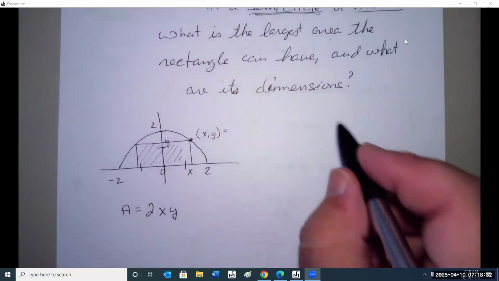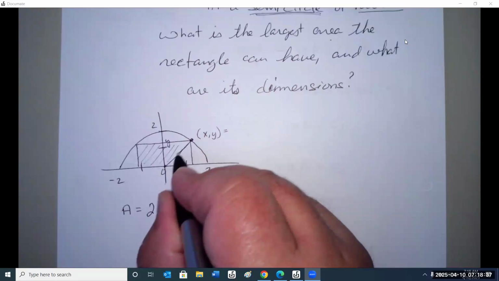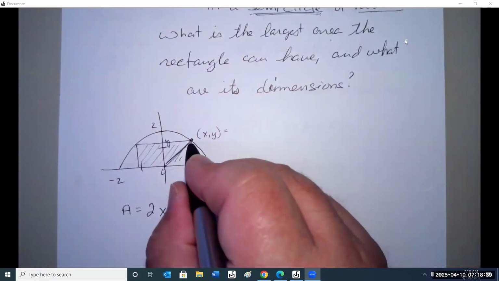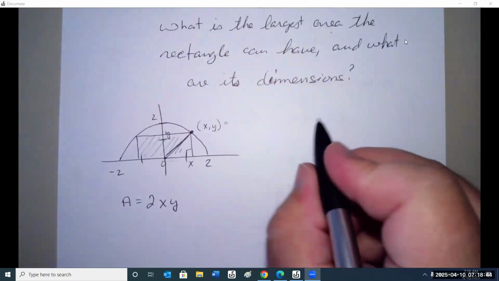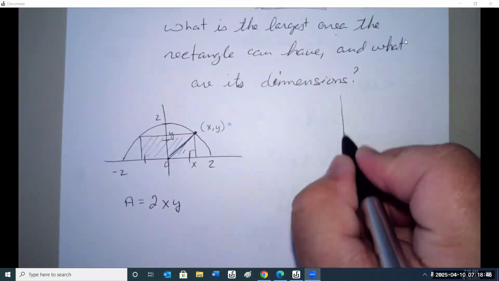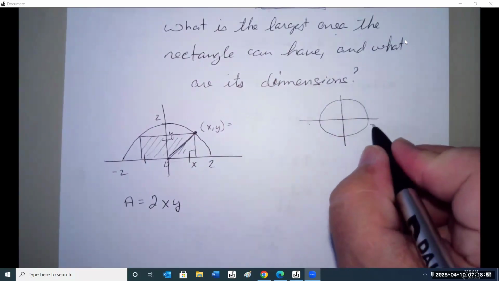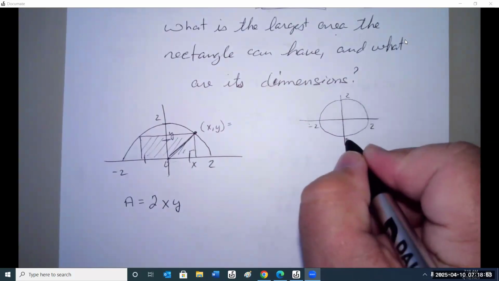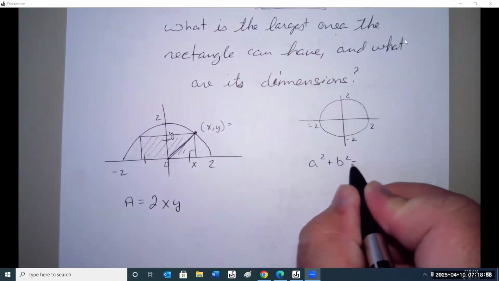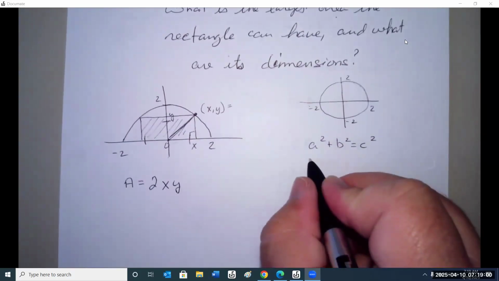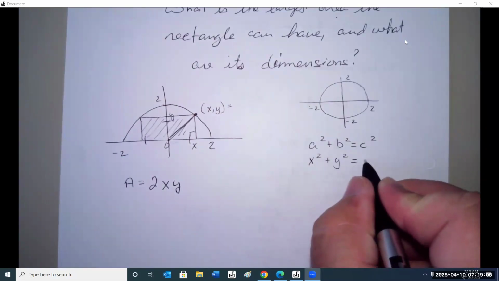Well, because this is a semicircle, we can determine what the y value is by using the Pythagorean theorem. Because remember, the formula for a circle is a squared plus b squared equals c squared. x squared plus y squared equals the radius squared.